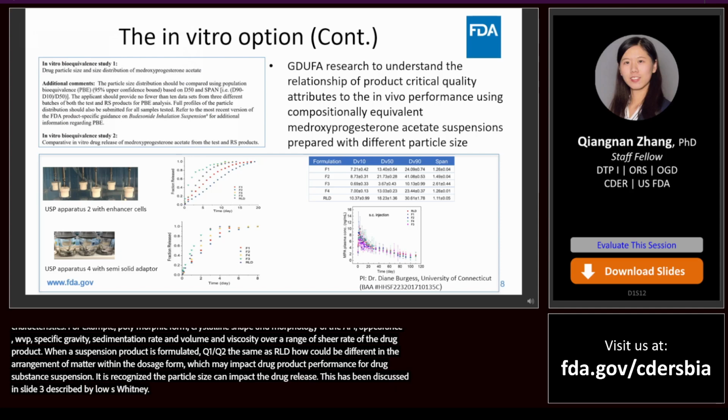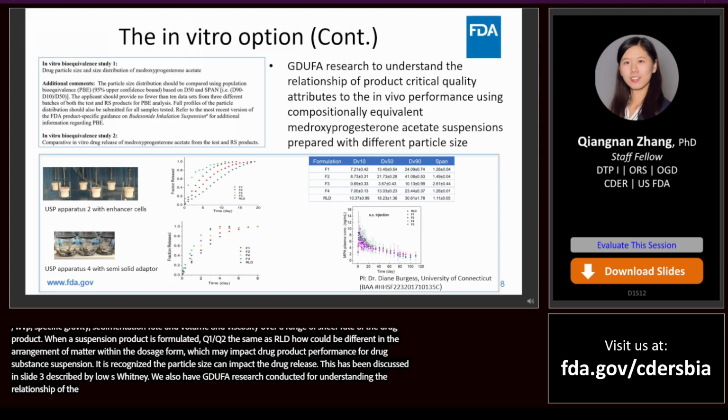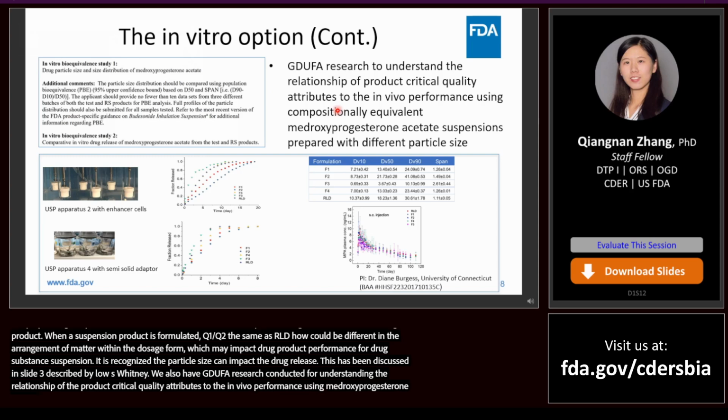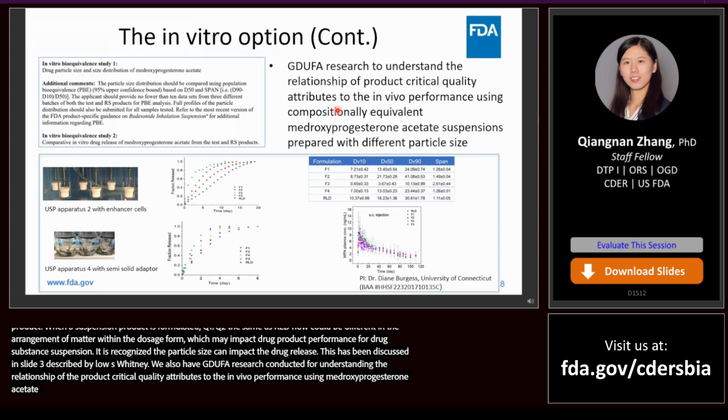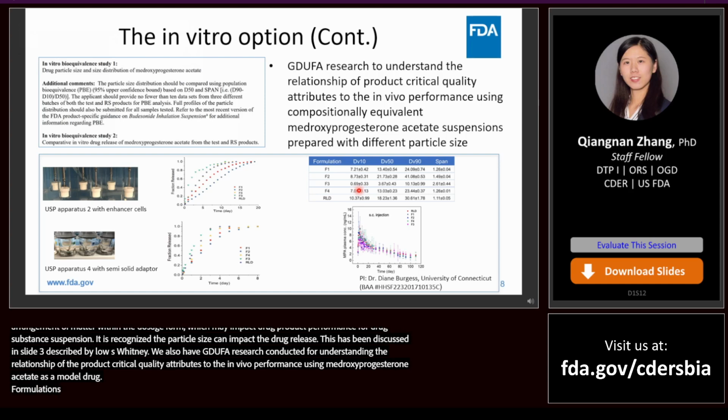We also have GDUFA research conducted for understanding the relationship of the product critical quality attributes to the in vivo performance using medroxyprogesterone acetate as a model drug. Formulations with identical composition but different particle size were prepared.